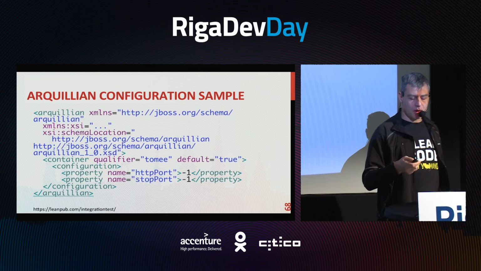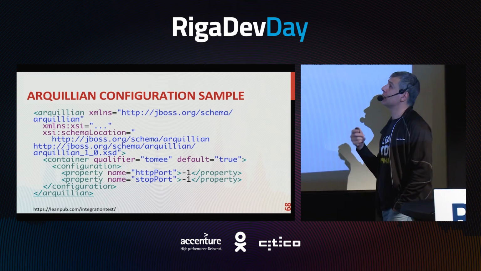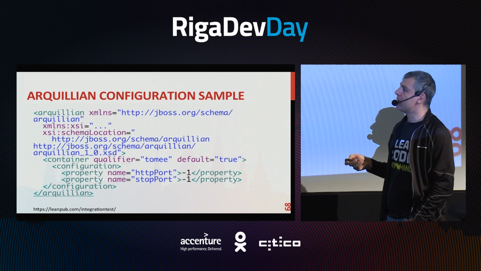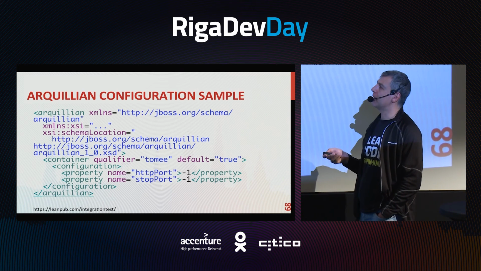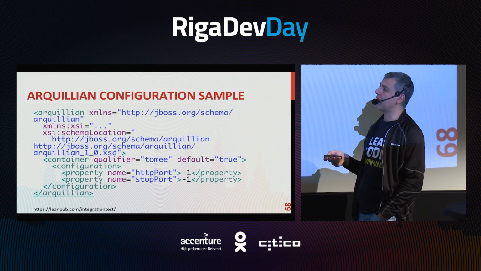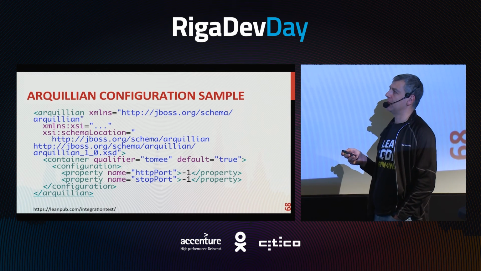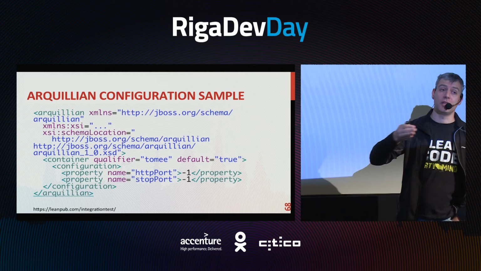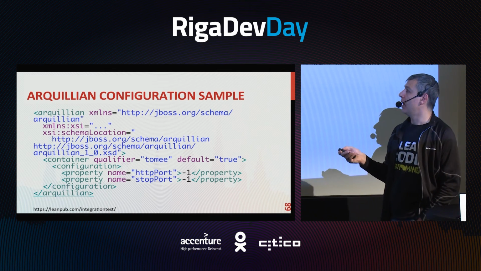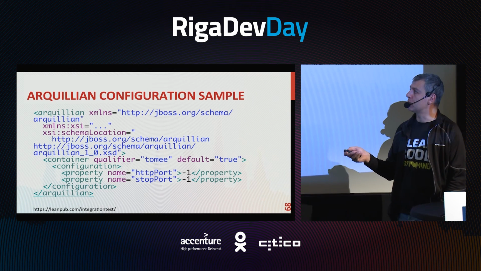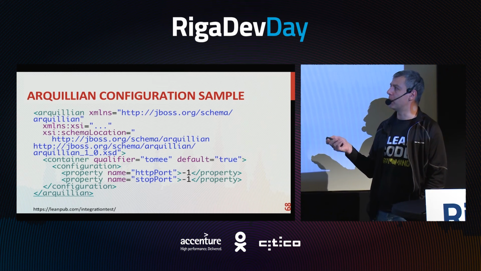And this is an example Arquillian configuration file. Here in this Arquillian file, you will see all the containers, in this case it's only Tomee, that I will use for my tests. And depending on each container, you might want to configure it in a certain way. So here, for example, I tell Arquillian to use for Tomee any HTTP port.